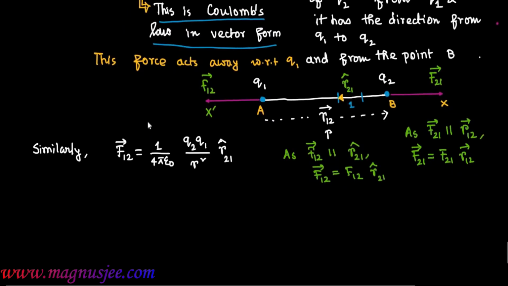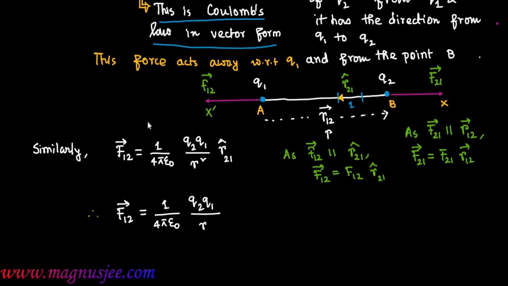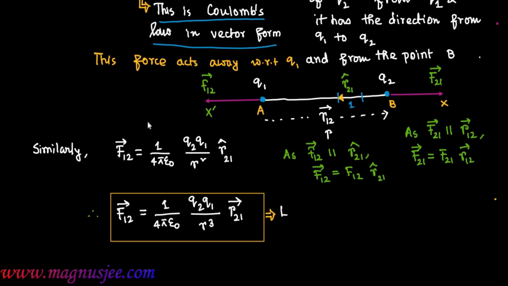Here we have expressed the force vector in terms of the magnitude of the force vector and the unit distance vector. Therefore, vector F12 equals 1 by 4 pi epsilon 0 q2 q1 by r cube vector r21. This is the electrostatic force vector.